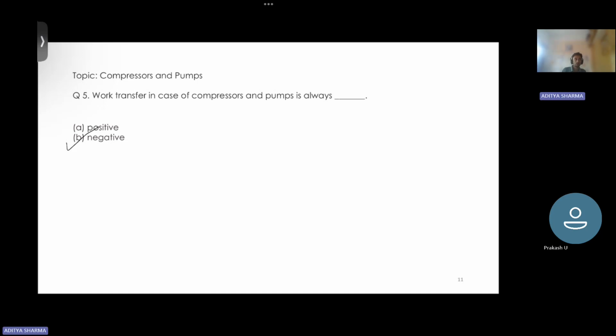When heat is added to the system, we consider it positive, and when heat is ejected out of the system, it is negative. Because in compressors we compress some gas or liquid, work is done on it, and work transfer is then negative.